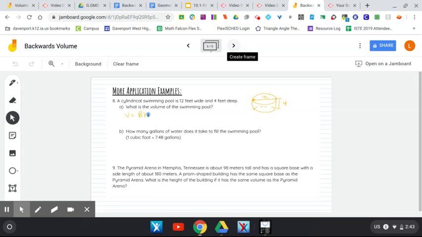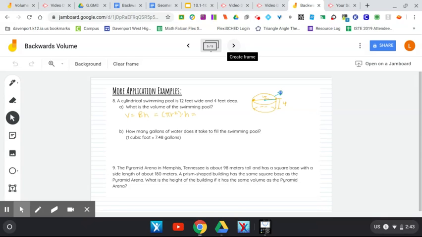Well, volume is area of the base times the height. Well, the base is pi r squared times the height. Well, it says it's 12 feet wide, so that's how wide it is. That's not the radius. The radius goes from the center out.